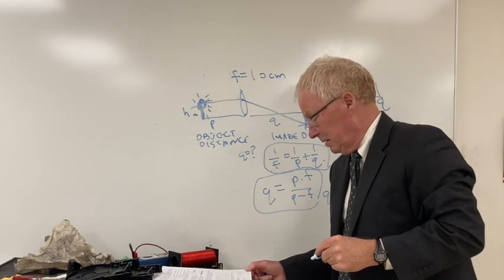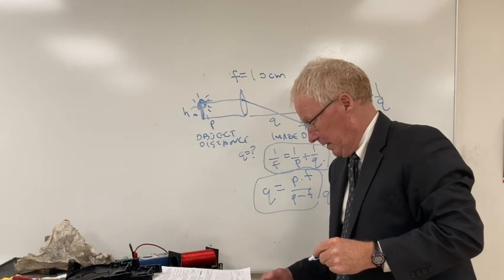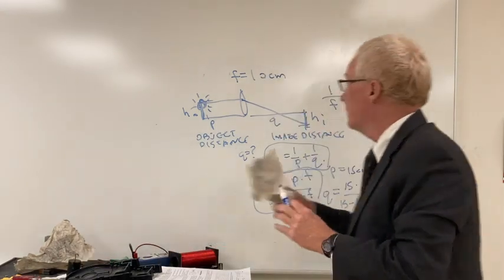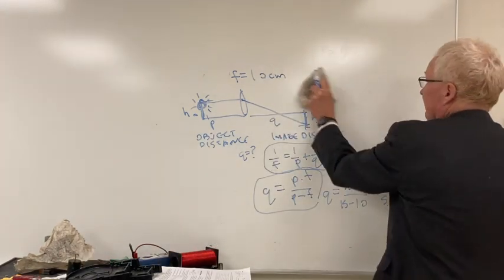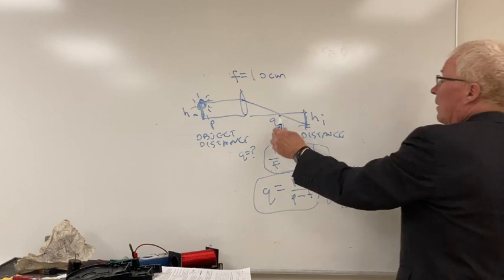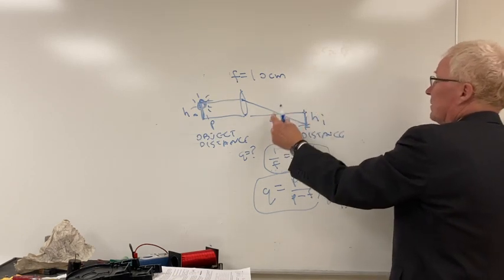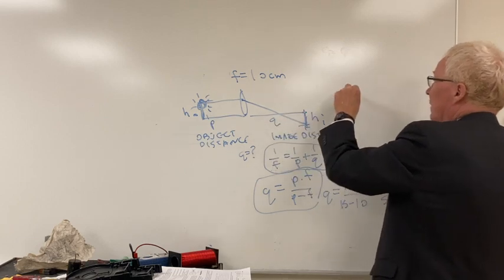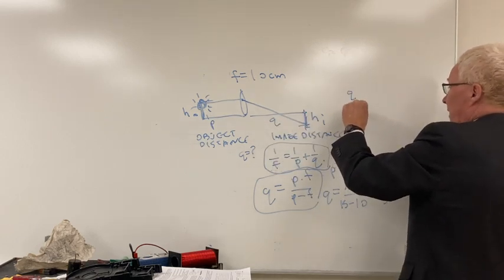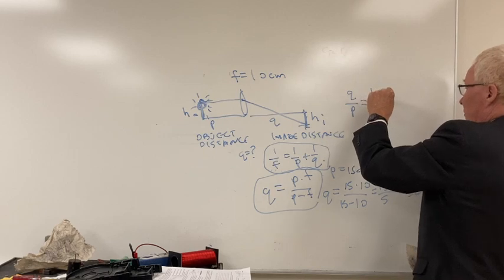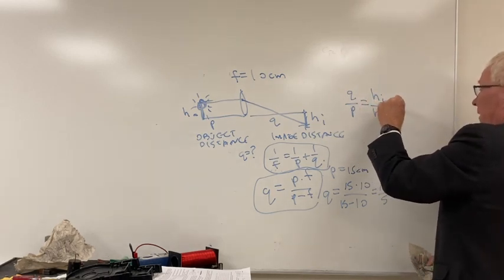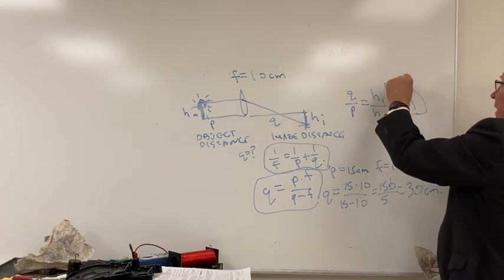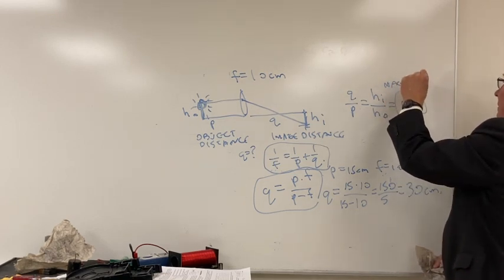And it turns out that the ratio of, and this will be negative because if we just take the values, this will be inverted, the ratio of Q over P will be equal to the image height over the object height, is what we call the magnification M. So this is the magnification.